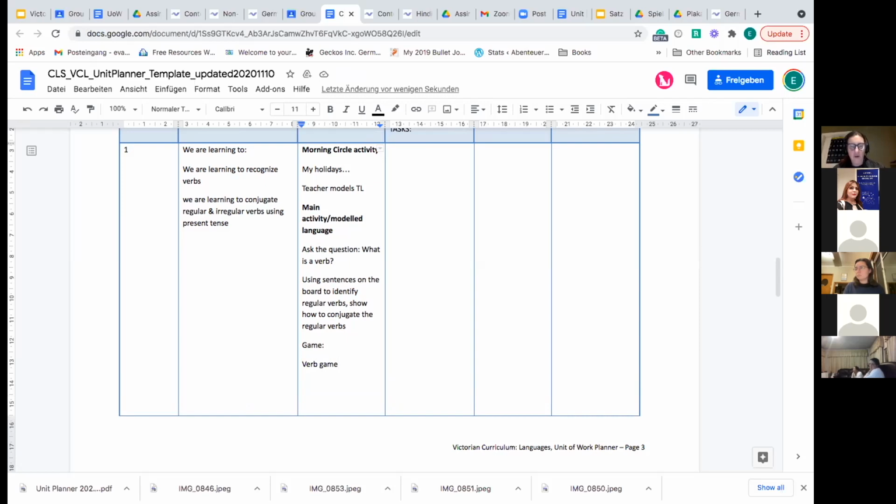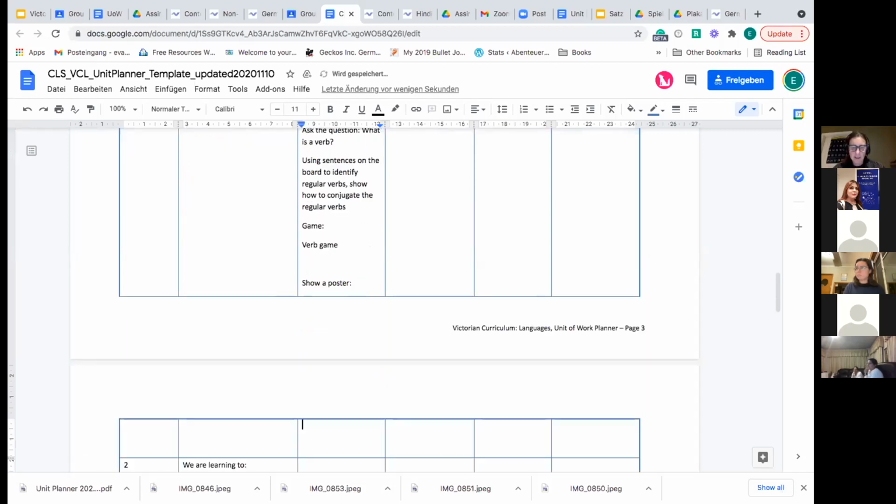Then I would go into the topic and show a poster and have a discussion what students can see on the poster, and the poster is about the past.